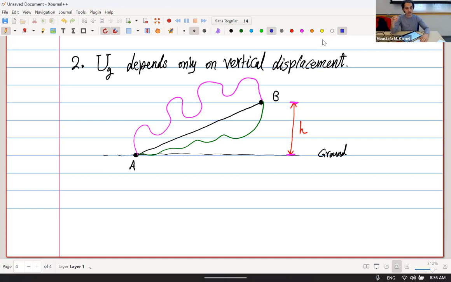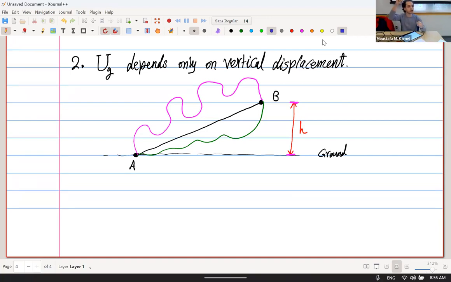This allows us to solve very complicated problems that we could not do with Newton's laws. Because in Newton's laws, we care about the path, we care about the forces. So if the path is different, we will have different normal forces and we have to decompose all stuff. For example, the inclined plane problem, we had to decompose the forces. But if we're doing it only with potential and kinetic energies, potential energy doesn't care about which angle is the incline.